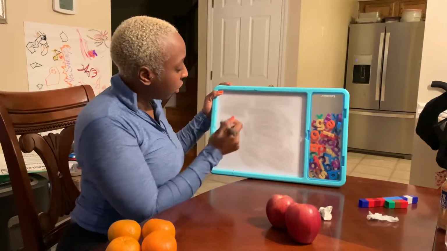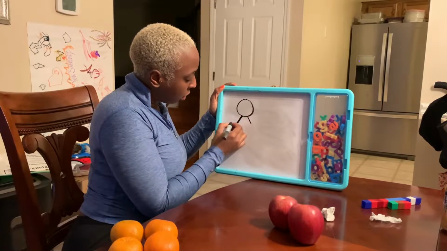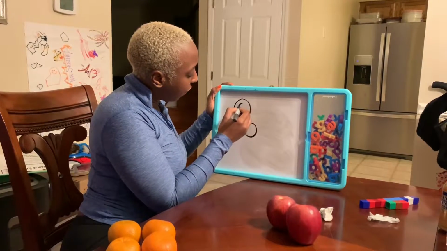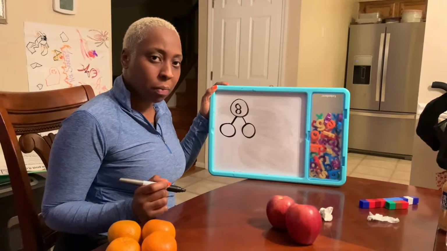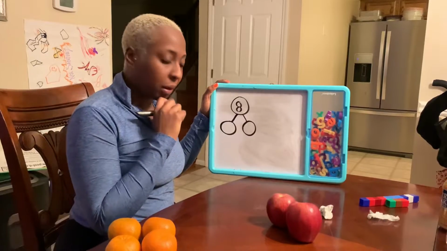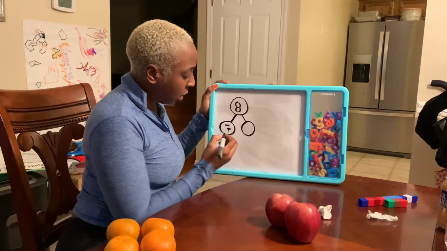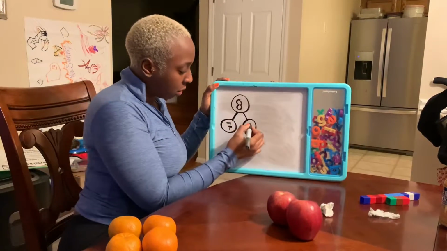Yes, okay? So if my number bond, I have 8 in my whole, okay? What are my two parts? My two parts could be a couple of things, okay? I can have 7. 7 and 1 gives me 8, okay?